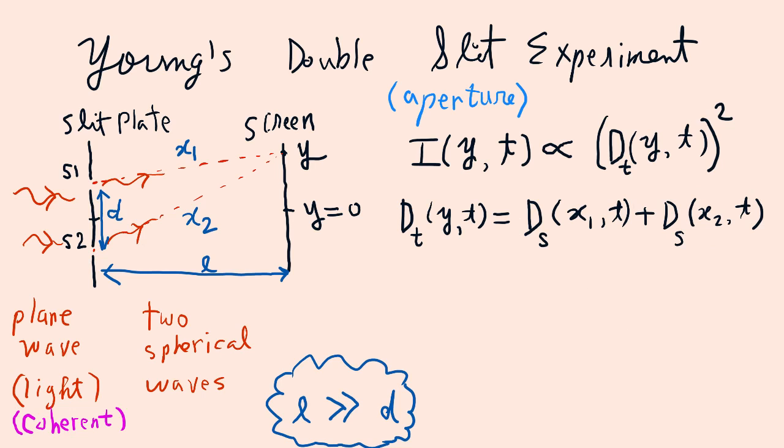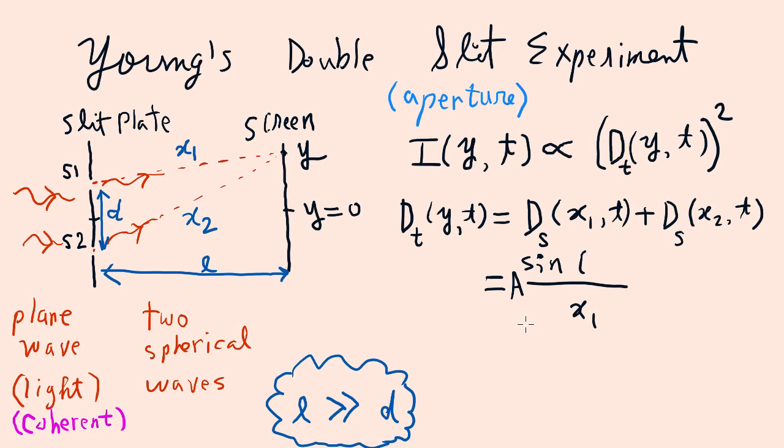Let's write down now the expressions for these two spherical waves. That function is d_s(x1,t) equals, let's not forget the constant amplitude A, A divided by x1, times sine(k x1 minus omega t), and there could be some constant initial phase. The reason there is an A divided by x1 for the amplitude is because this is a spherical wave, so the amplitude has this 1 over distance behavior.